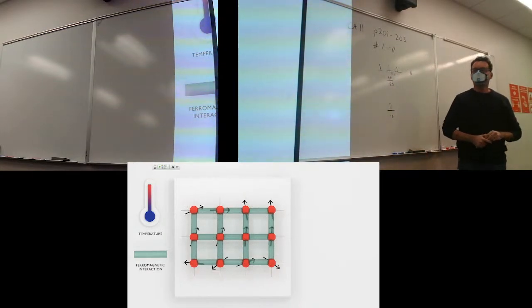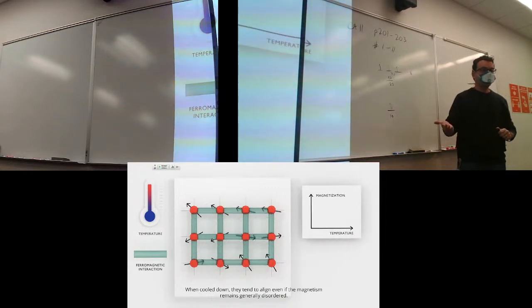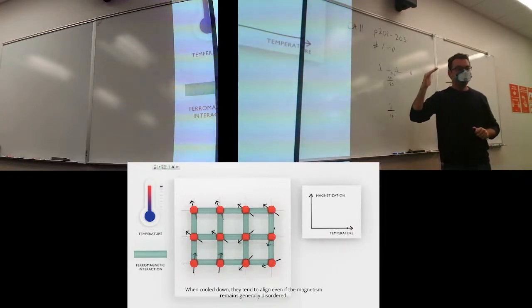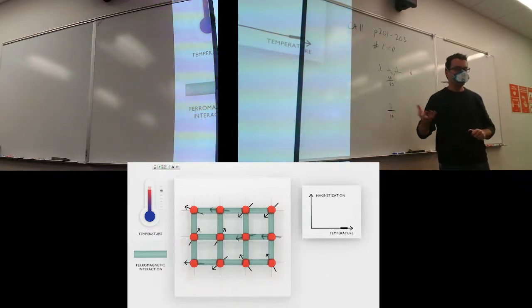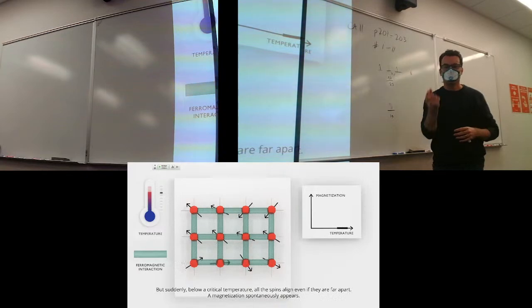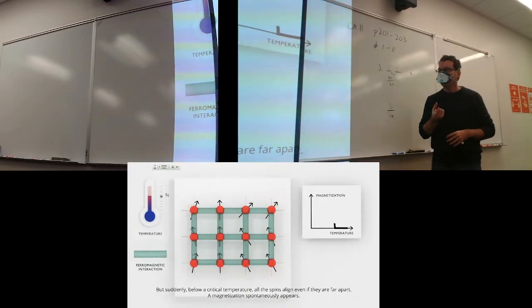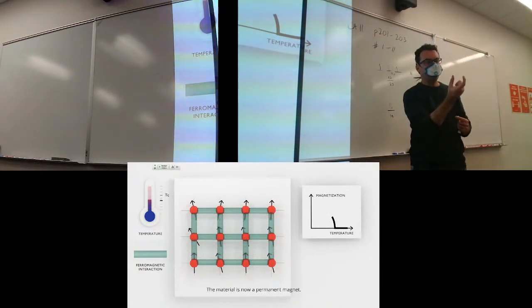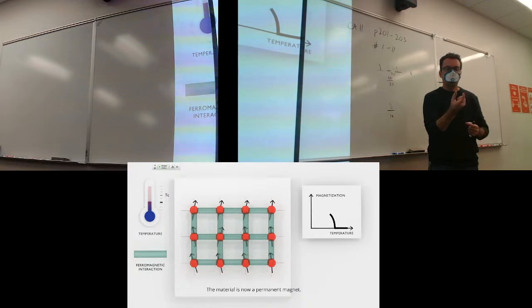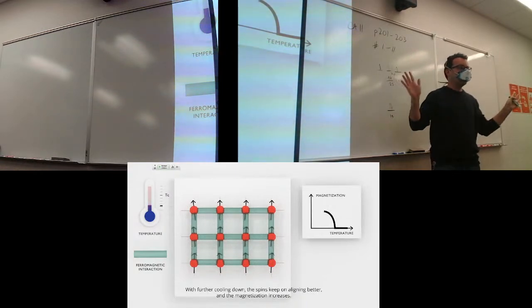In case you're curious, there's this temperature called the Curie temperature. If you're below the Curie temperature, your material is going to be automatically magnetic. Like a magnet. If you were to heat it up a lot, you would lose its magnetism.